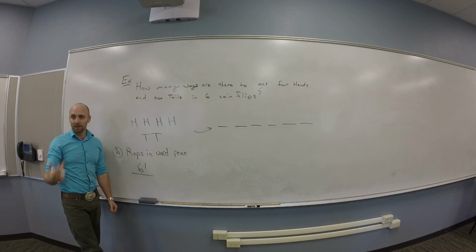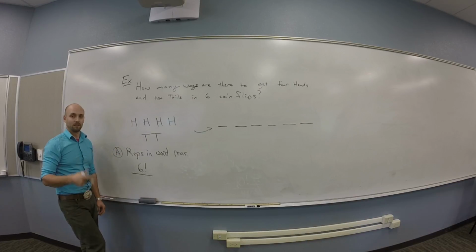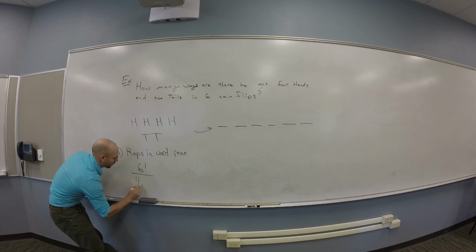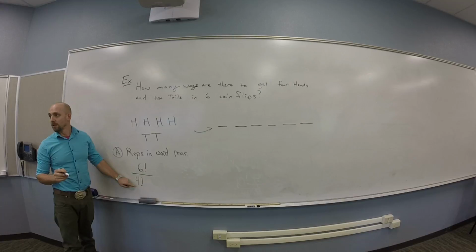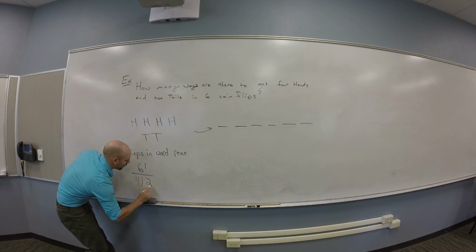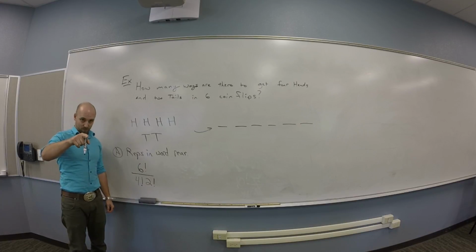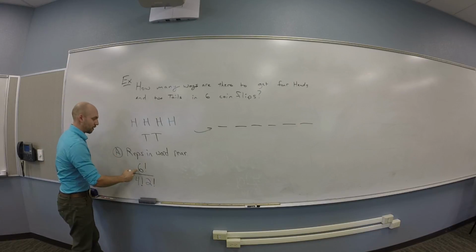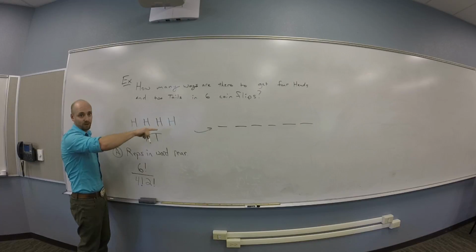So I have to divide by the number of repetitions. What are your repetitions here? There's 4 factorial, from the 4 heads repeated, and then you also need a 2 factorial for the tails repeated. So the number on the top is the total number of letters I have, and I'm assuming that I'm using all of them up.